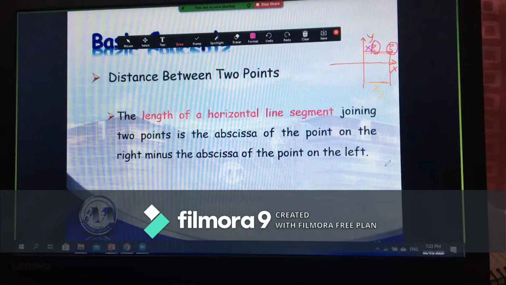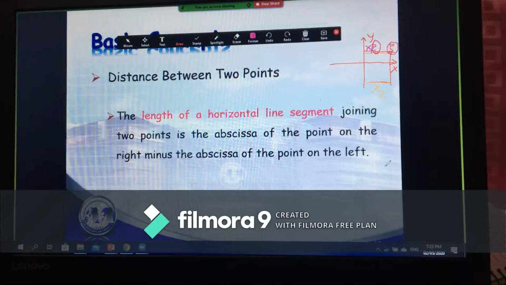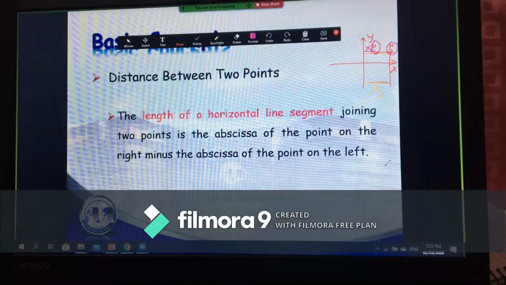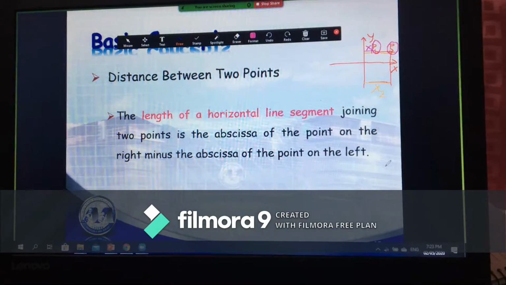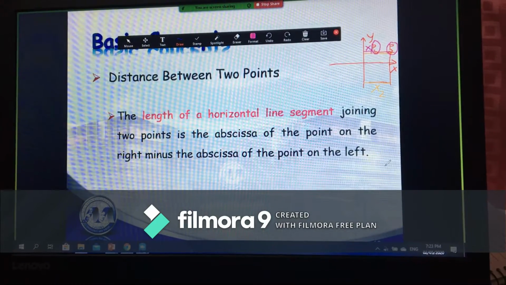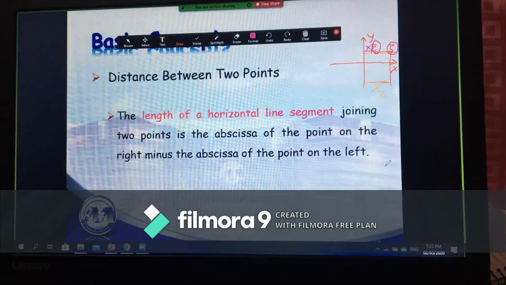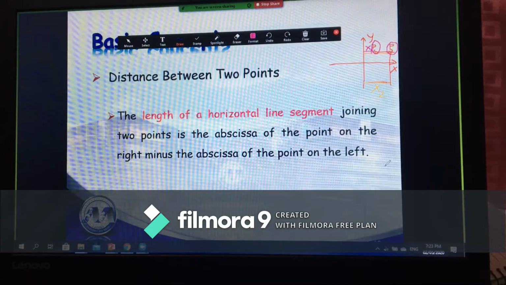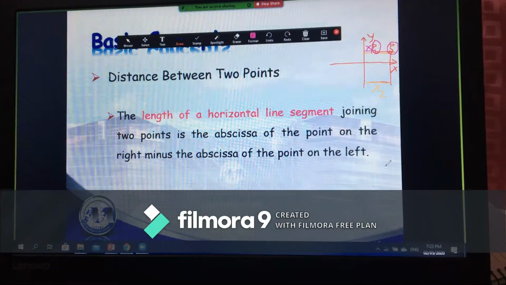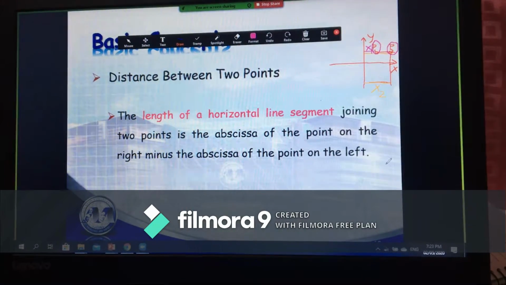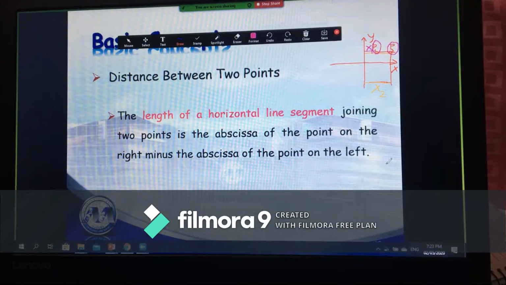P2. Okay. So what is the abscissa of P2?